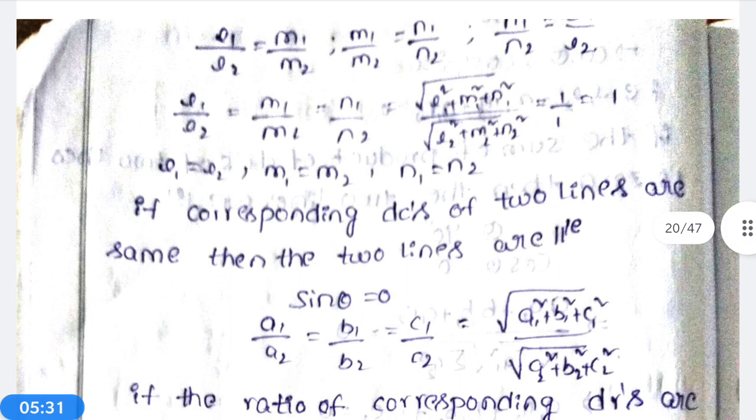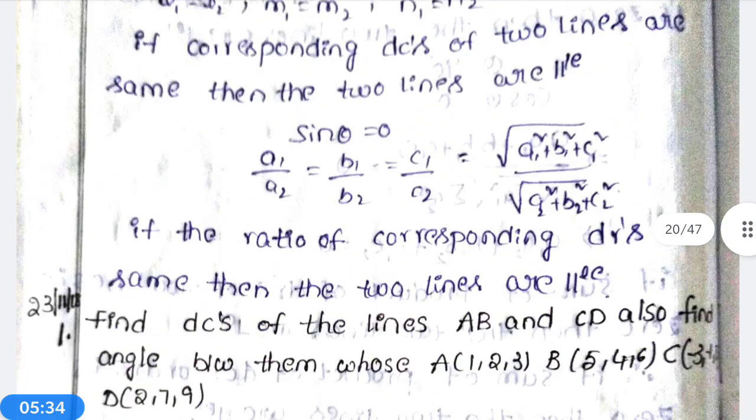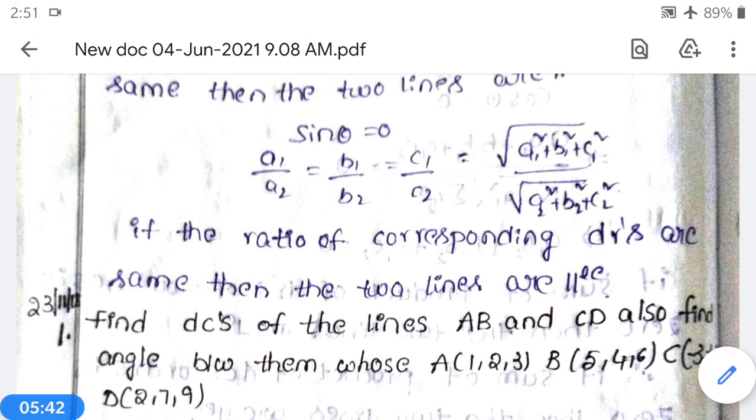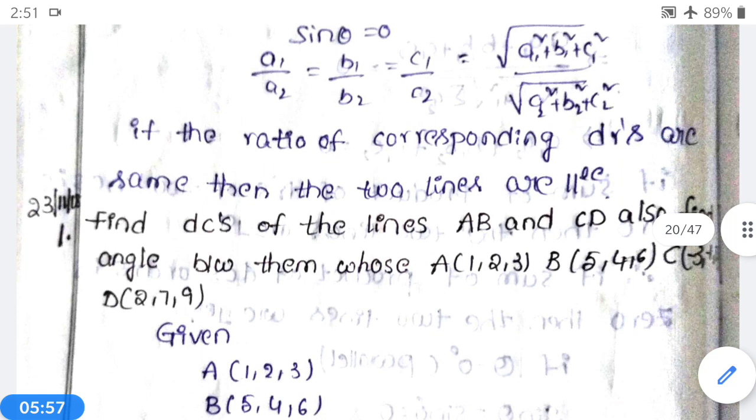In terms of DRs, for parallel, a1 by a2 is equal to b1 by b2 is equal to c1 by c2. The ratios of corresponding DRs are the same and the value of the ratio is equal to square root of sigma a1 square by square root of sigma a2 square. So we have discussed up to this topic.